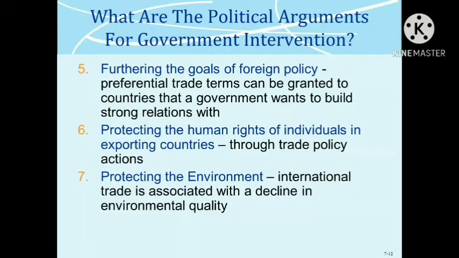So for years, the most obvious example of this was the annual debate in the United States over whether to grant most favored nation status to China. Most favored nation status allows countries to export goods to the US under favorable terms.